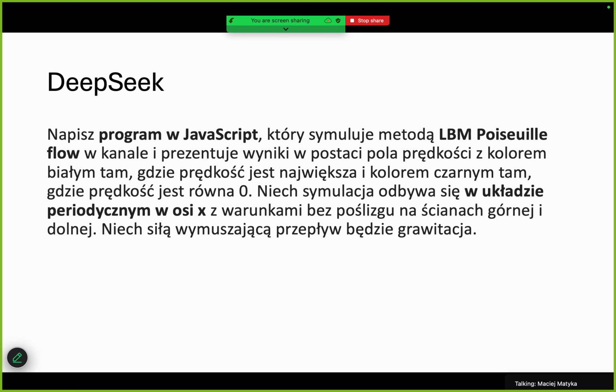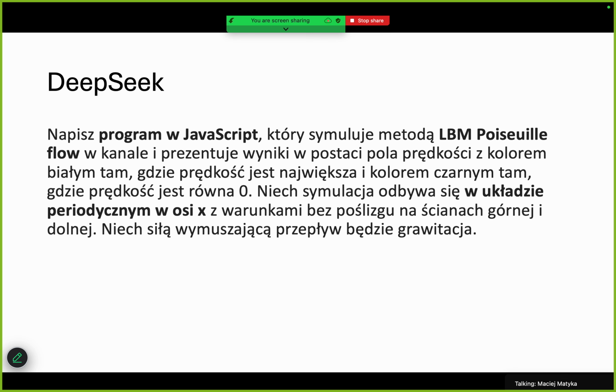If I asked someone who didn't know about lattice Boltzmann at all, he or she would not be able to write the program for it, because LBM is a shortcut; I already knew from my knowledge that LBM is lattice Boltzmann. If you give a prompt like this to a person on the street and ask them to do something, he or she will not be able to do anything, because one has to know what lattice Boltzmann is doing, what the no-slip conditions are, and so on and so on.